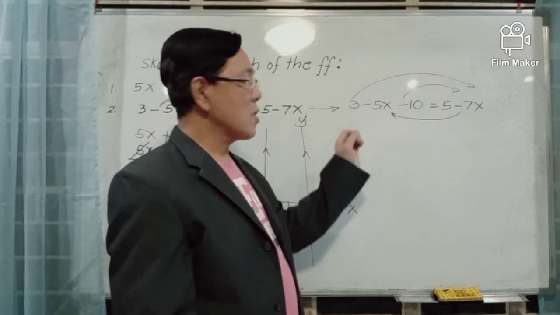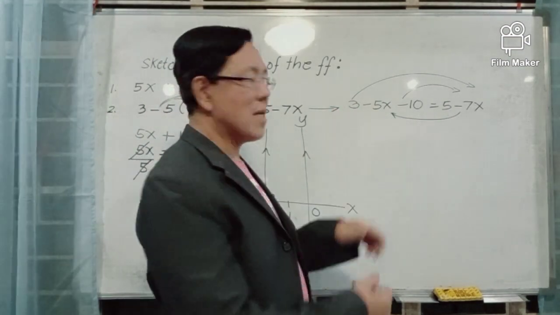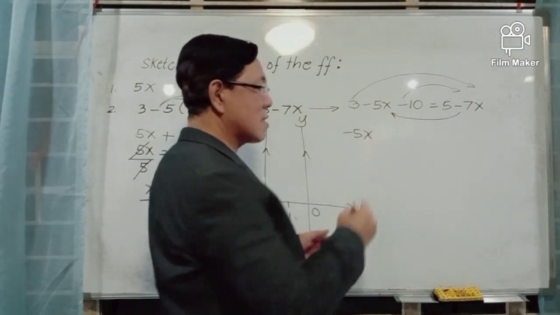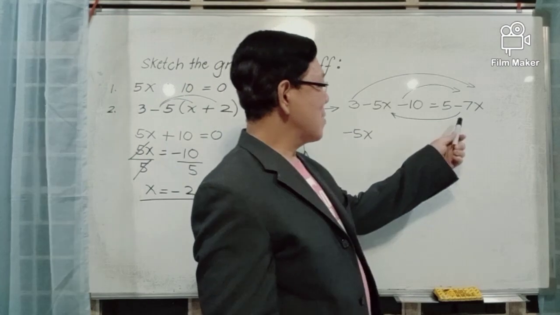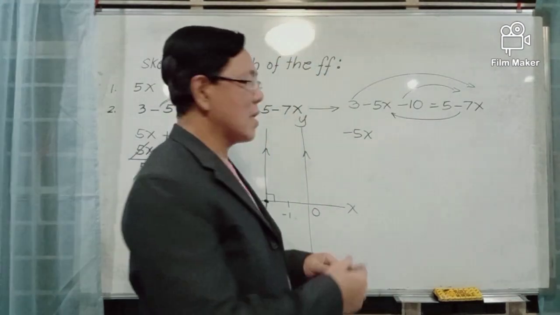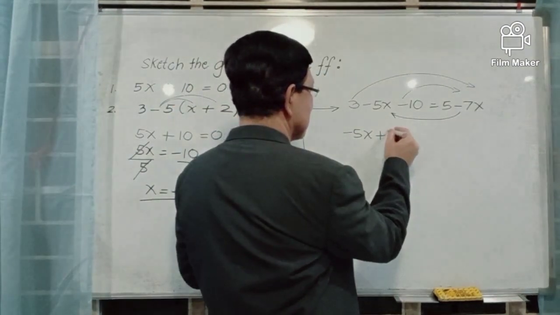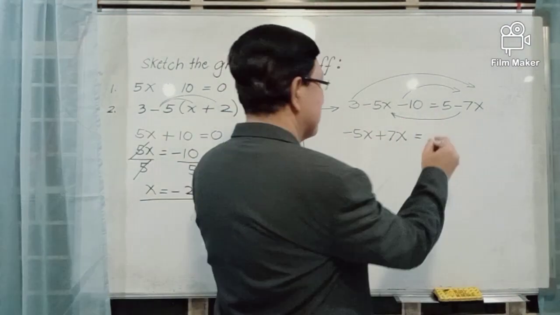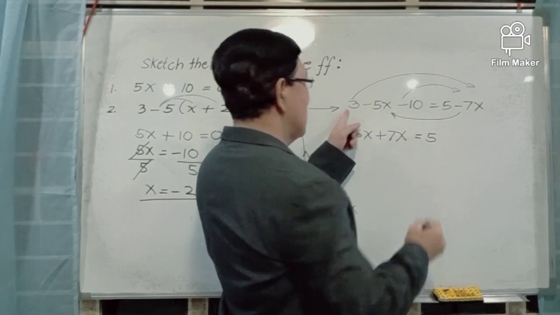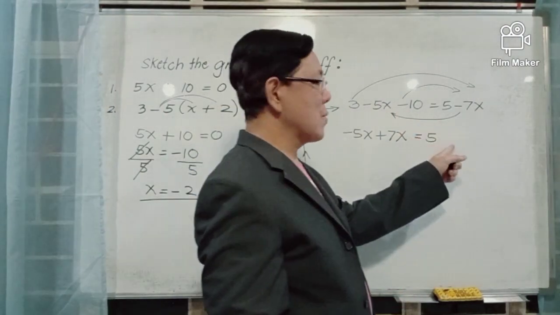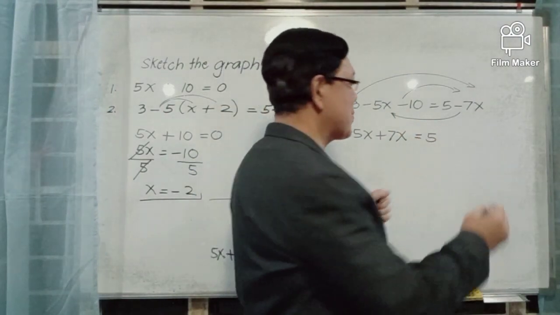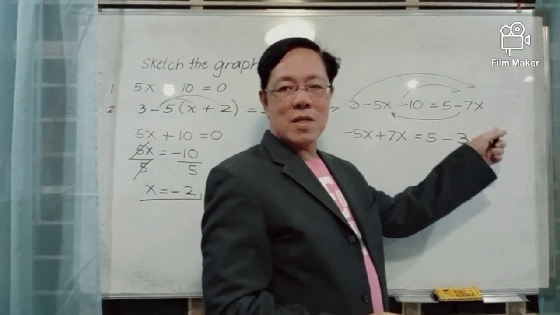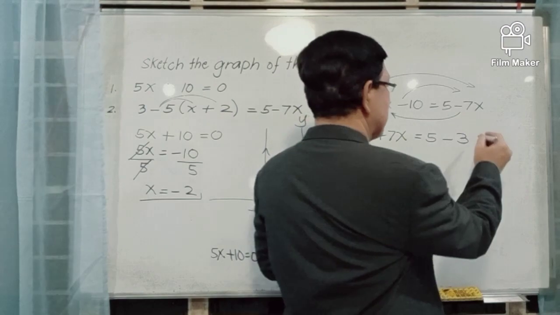After the transposition, we have -5x at the left side of the equation. And -7x, we transpose to the left, we get +7x. At the right-hand side, we have 5. And +3 transposed to the right side, we get -3. -10 transposed to the right, we get +10.